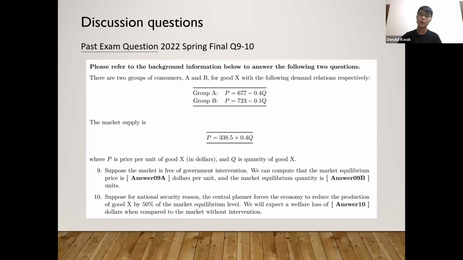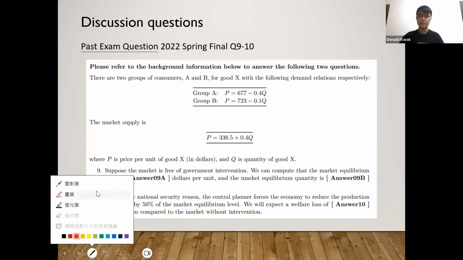All right, so let me quickly go through the steps for question 9 about the market equilibrium point first. We need to derive the combined demand curve. When the price is above 677, then only group B is buying positive units, while if the price is below 677, both groups would buy positive units.